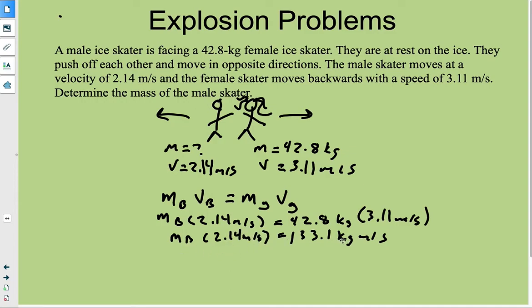And then I have to get rid of this 2.14, right? If I want to get rid of that 2.14, I'm going to divide both sides by 2.14. And those are going to cancel out. And so that means the mass of the boy is going to equal 133.1 divided by 2.14.